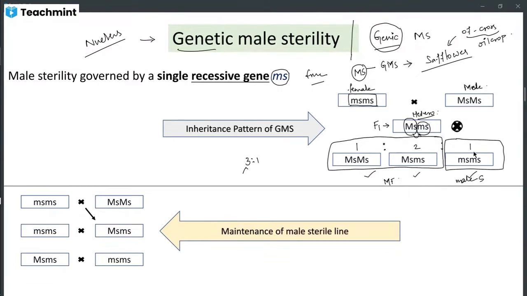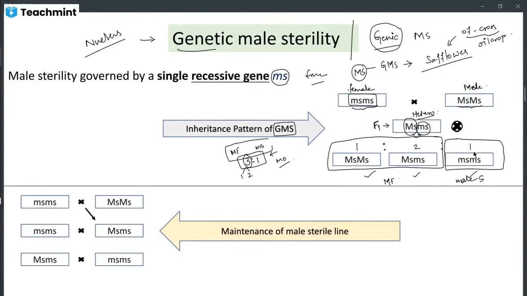So in case of GMS, when you cross a homozygous recessive with homozygous dominant, you will have F1 in heterozygous condition, and when you self them, you get a 3:1 ratio, similar to the monohybrid ratio of Mendel's cross. Among these, 3 will be male fertile and the other will be male sterile, right?